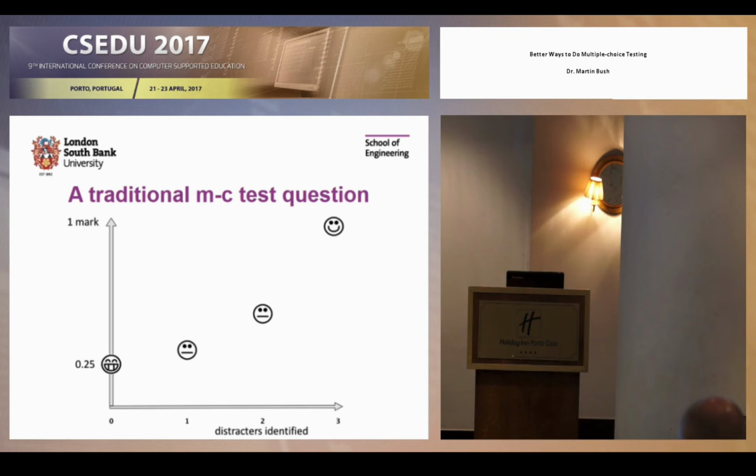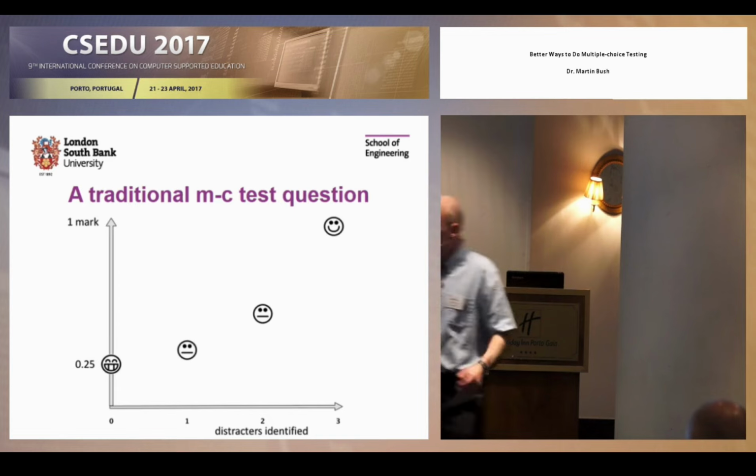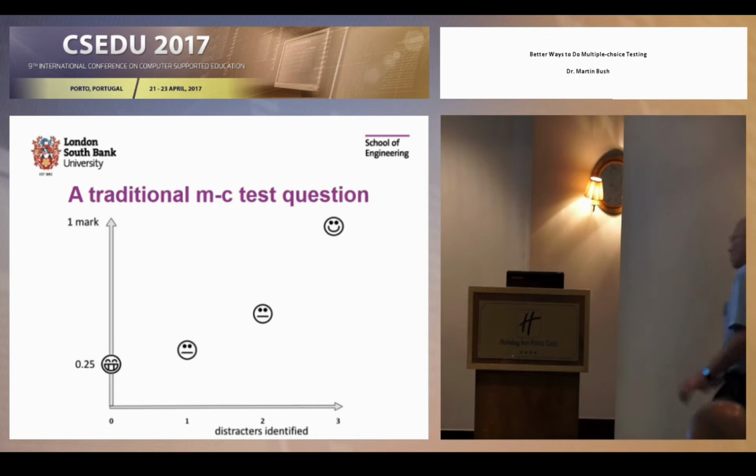If a student can identify 3 wrong answers, they get 1 mark. If they can identify 2 wrong answers, then they have to make a choice between those 2. On average, they're going to get half a mark. If they can identify 1 wrong answer, they're having to make a choice between 3. On average, they're getting a third of a mark. If they know nothing, on average, they're going to get 0.25 if we have no negative marking.